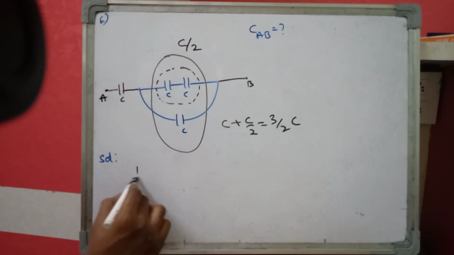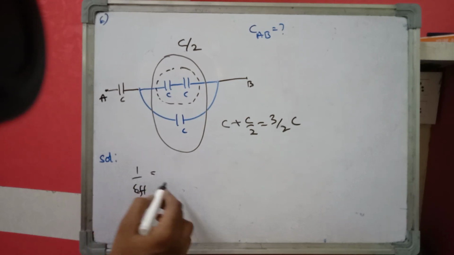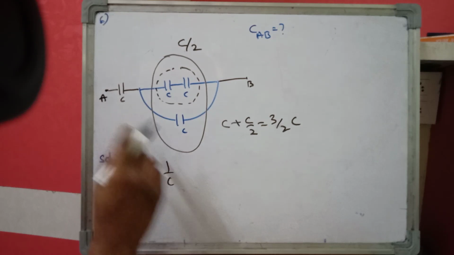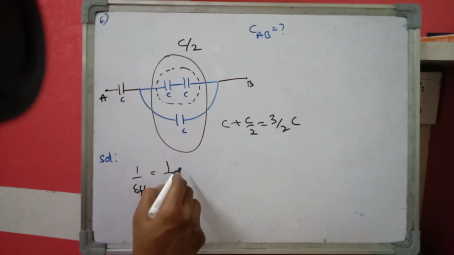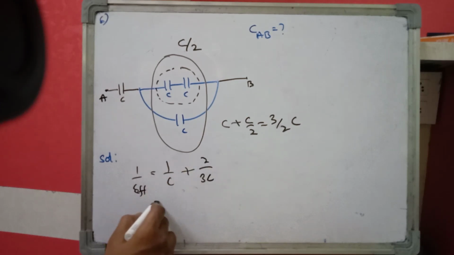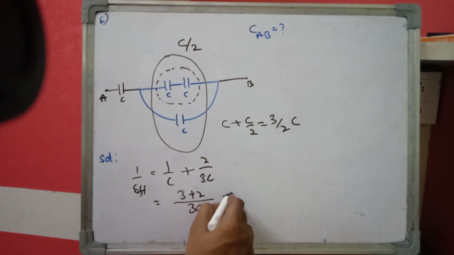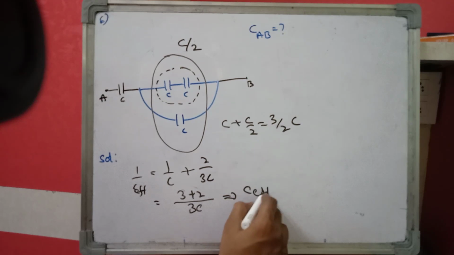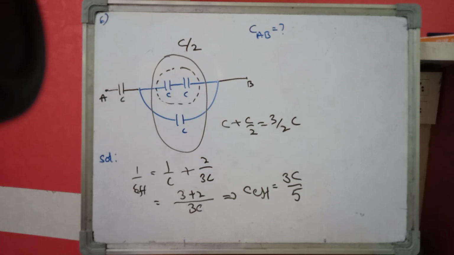Then 1 by C effective is equal to 1 by C, this one, plus 1 by 3C by 2. Take 3C as the LCM, then it becomes 3 plus 2, which implies C effective is equal to 3C divided by 5.